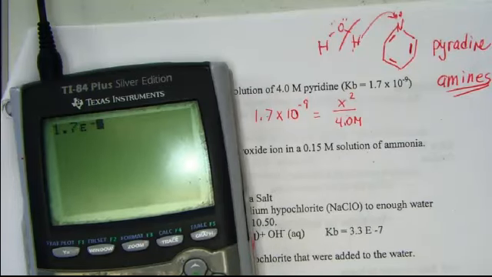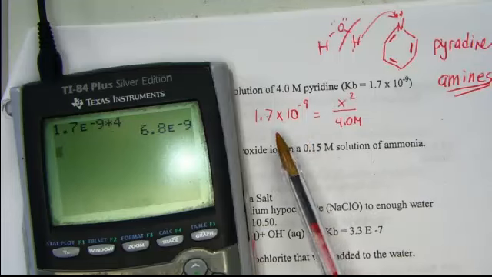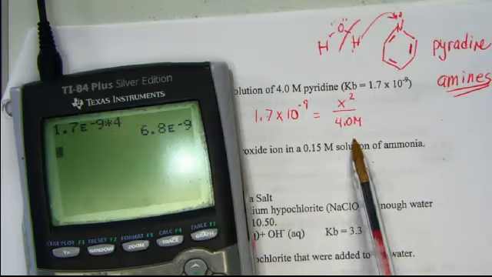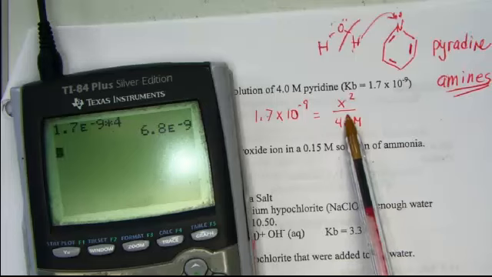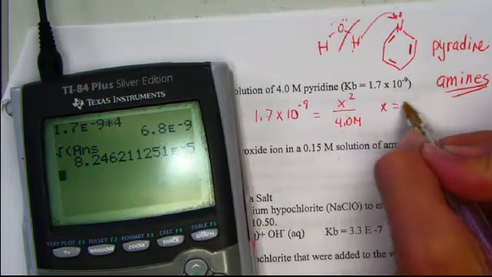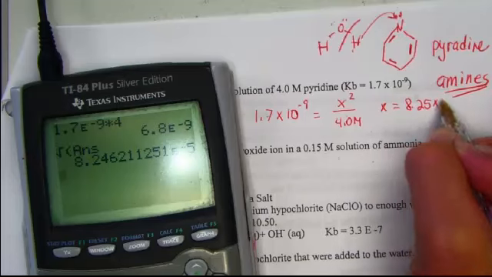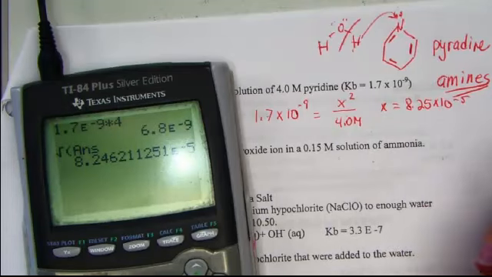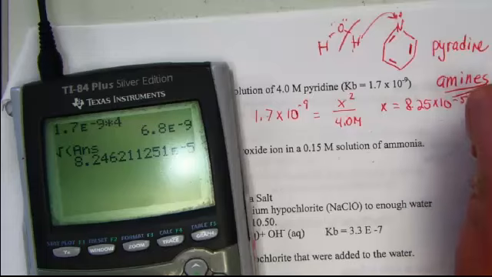1.7 E negative 9 times 4 represents Kb times molarity, which represents X squared. Square root your answer, and X comes out to be 8.25 times 10 to the negative 5th molar units.